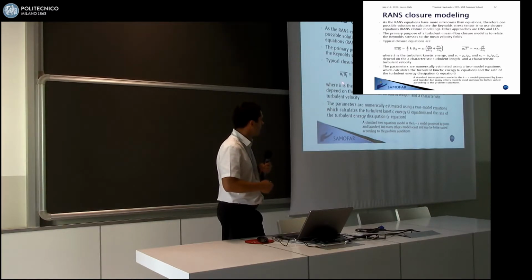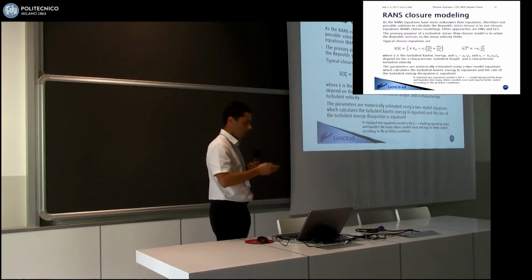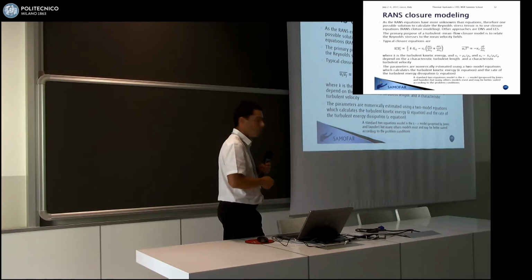So the idea was that you link the stress tensor to the rate of deformation of the fluid, but in average value. And then we came up with a new parameter. This is the turbulent kinetic energy. This is the energy that is associated with the fluctuation of the fluid. And of course, we don't have a model for that in principle. But then you will need to add more closure equations, and you will need to add a closure equation to say how this turbulent kinetic energy is being expended in the fluid.